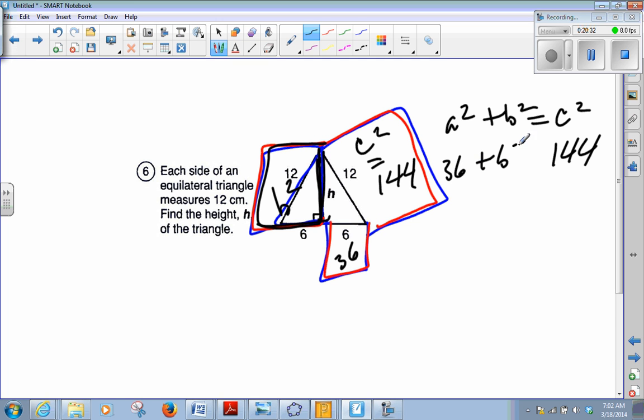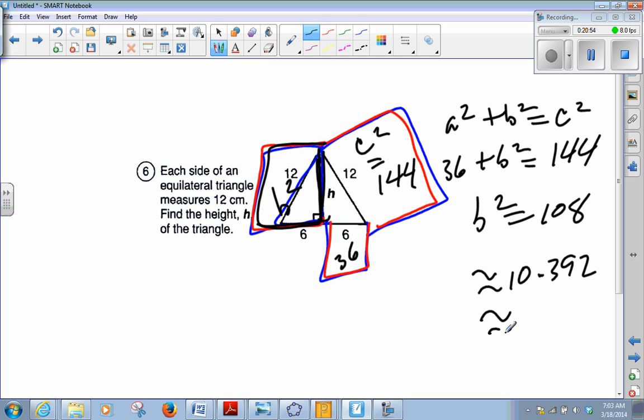I don't know what b squared is, so I'm going to have to subtract. I'm going to have to do 144 minus 36. So b squared is 108. Unsquare it. Gives me about 10.392, which is going to round to 10.4 if I'm rounding to the nearest tenth.